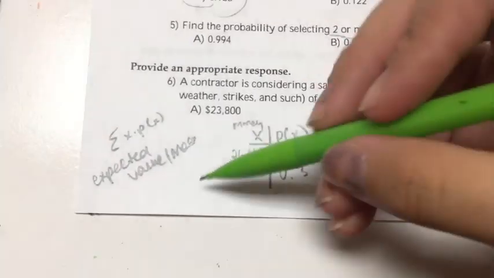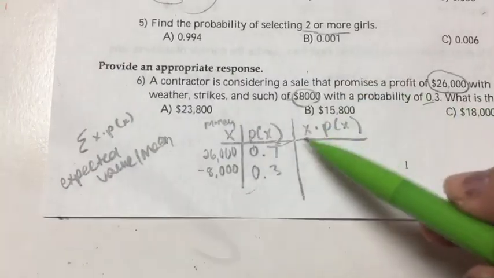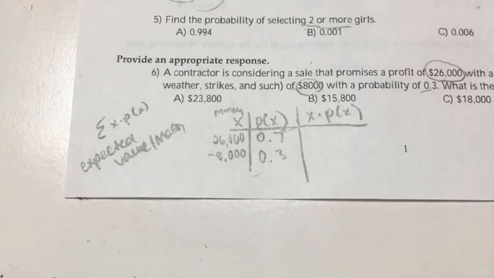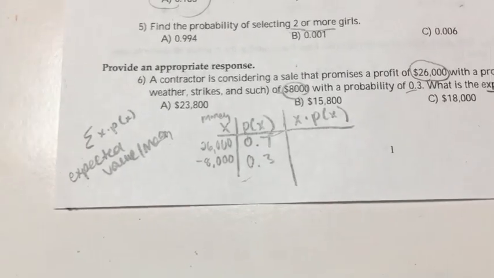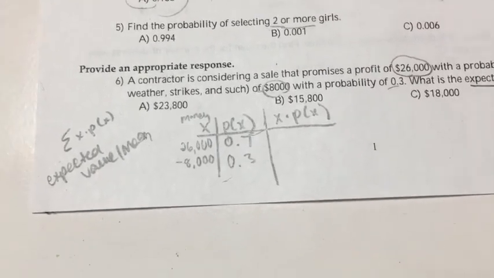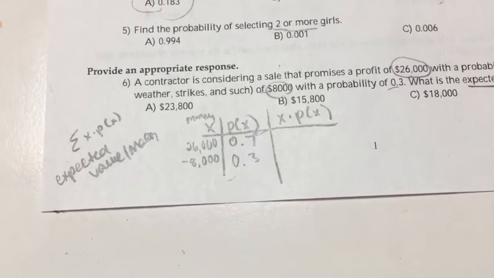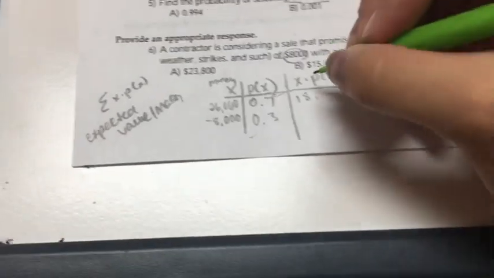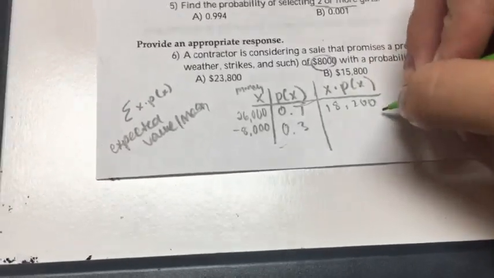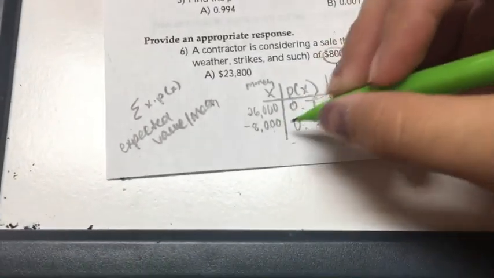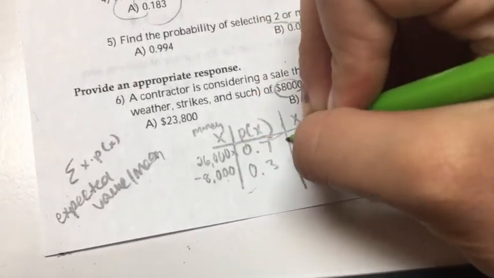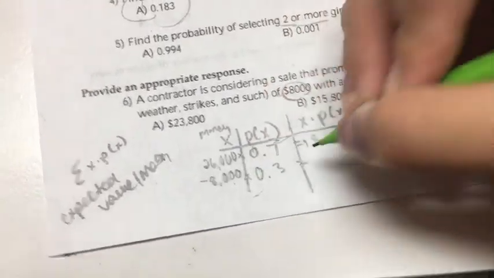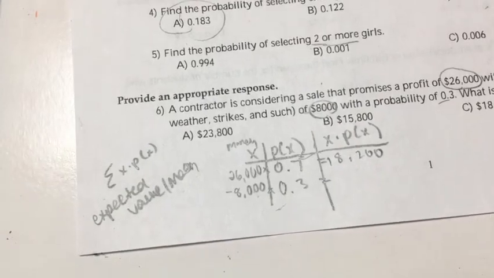Okay. So you multiply them, 26,000 times 0.7 is this much. And then you just multiply across like in the last problem. So now negative 8,000.